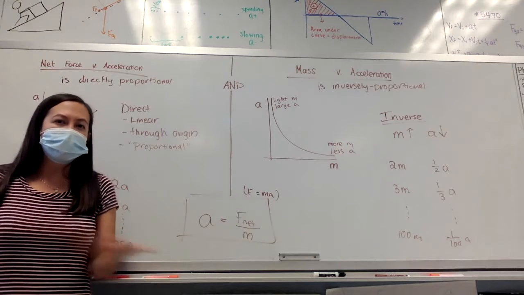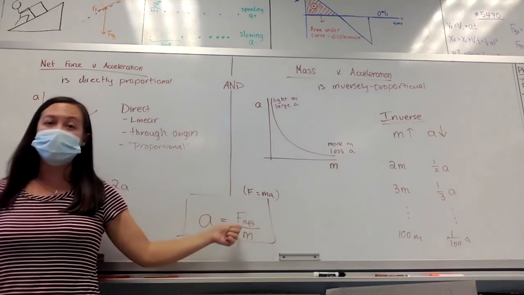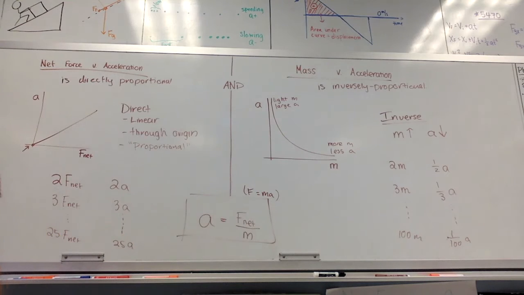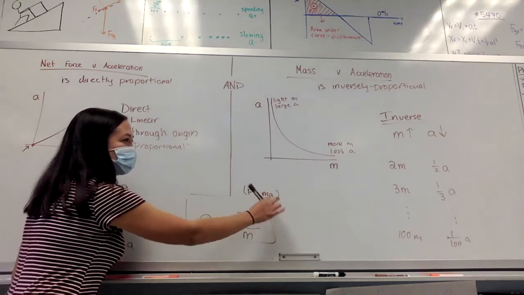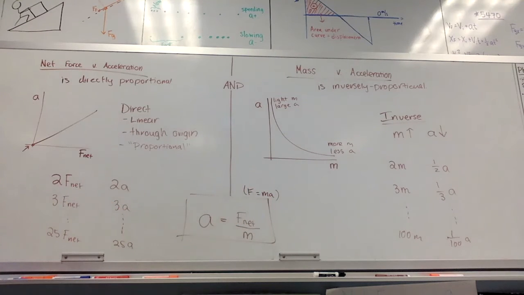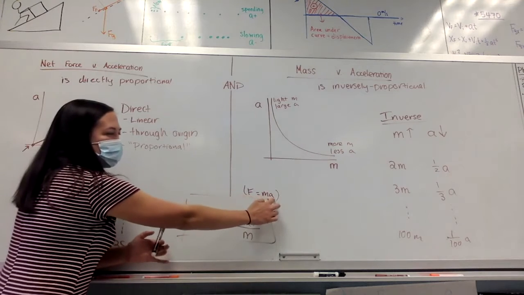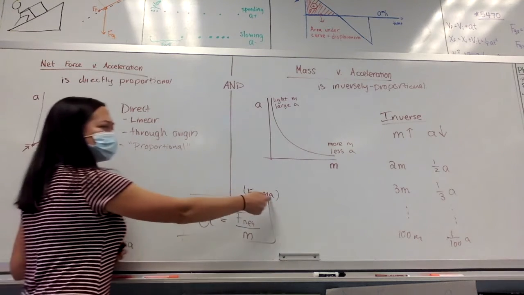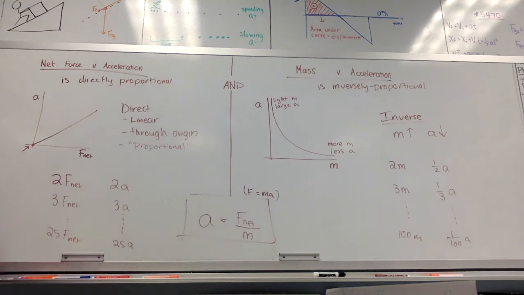It's misleading because there could be more than one force, so you have to consider the net force. It's also misleading because this looks like acceleration affects force when it does not. Acceleration doesn't change the force, right? If you have a different acceleration, that doesn't change the forces acting on the object. It's the other way around.